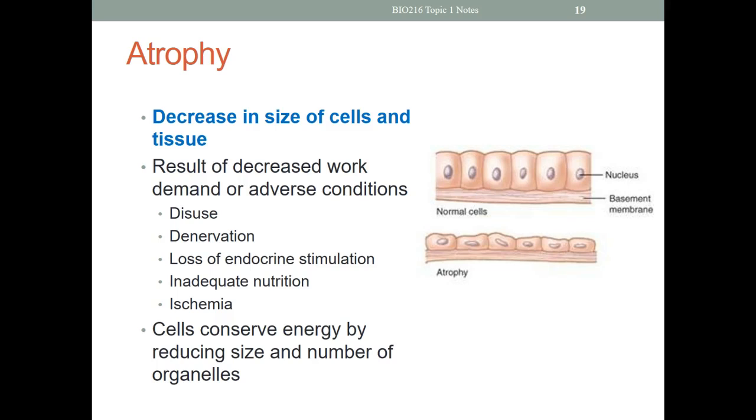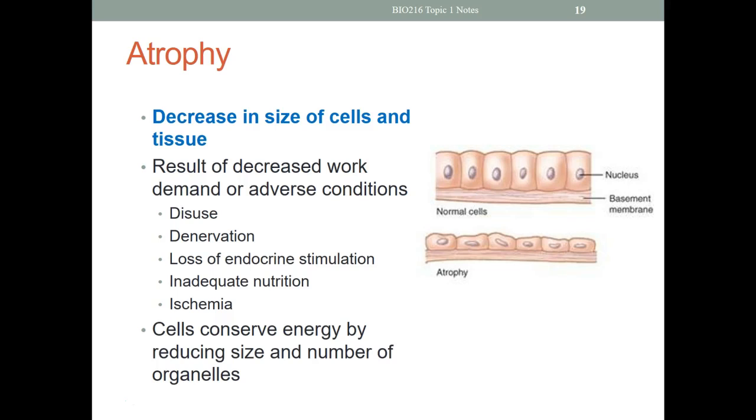Atrophy refers to a decrease in the size of cells and tissue. Atrophy is caused by decreased work demand or adverse conditions, such as disuse atrophy. For instance, your arm is in a cast and you can't use it. Deinnervation, that would be a lack of a nerve supply to the muscle.